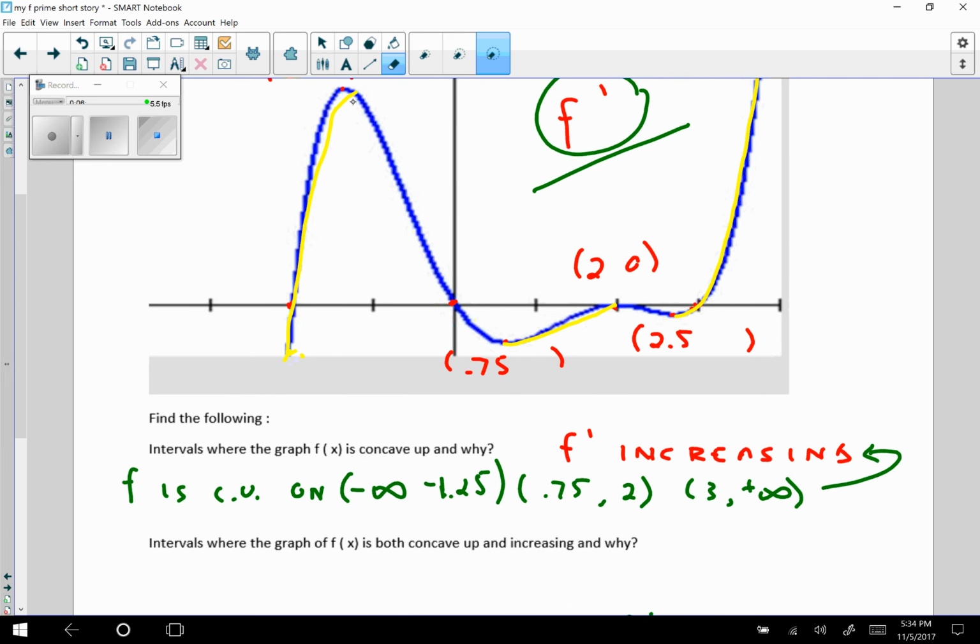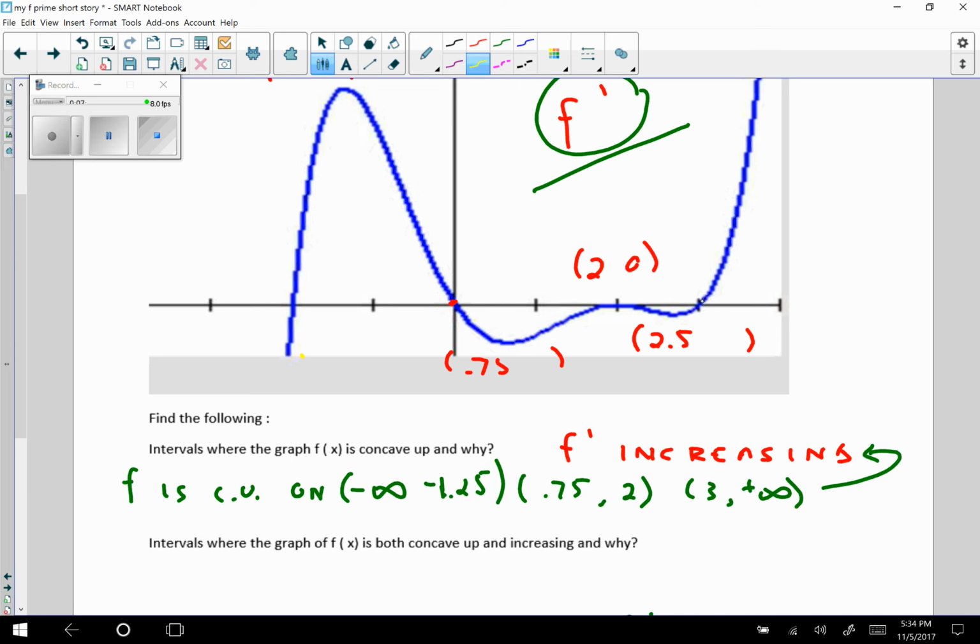I'm going to erase my yellow real quick and find out, is there a value here? We'll do it in yellow. When f prime changes from positive to negative, above to below. Well, it's going from below to above there. It's going from negative to positive there. Oh, f prime is going from positive to negative here.